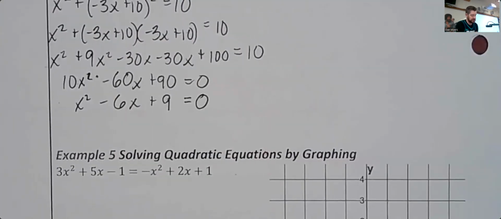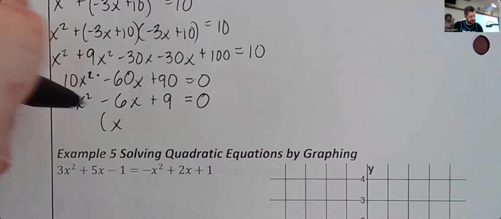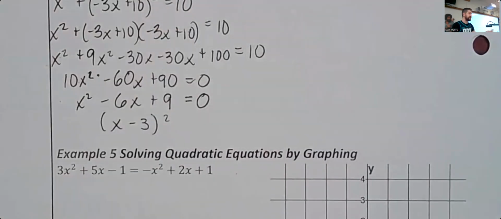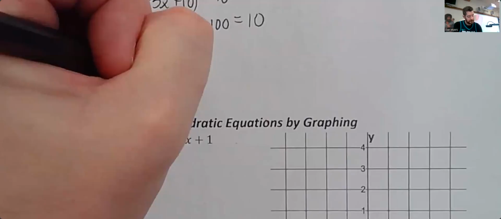Oh, that's convenient. That's factorable. We could use the quadratic formula, but this is also factorable. What two numbers multiply to positive 9 and add to negative 6? Negative 3 and negative 3, yeah. So that'll be x minus 3 squared, because x minus 3 times x minus 3 is x minus 3 squared, equals 0.